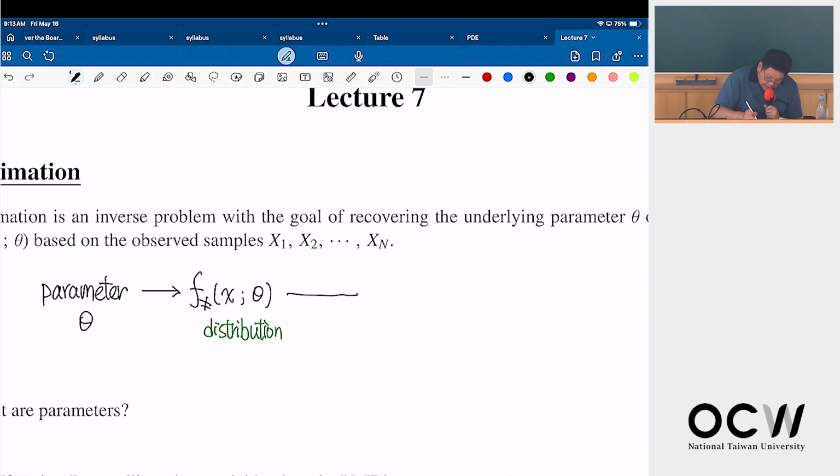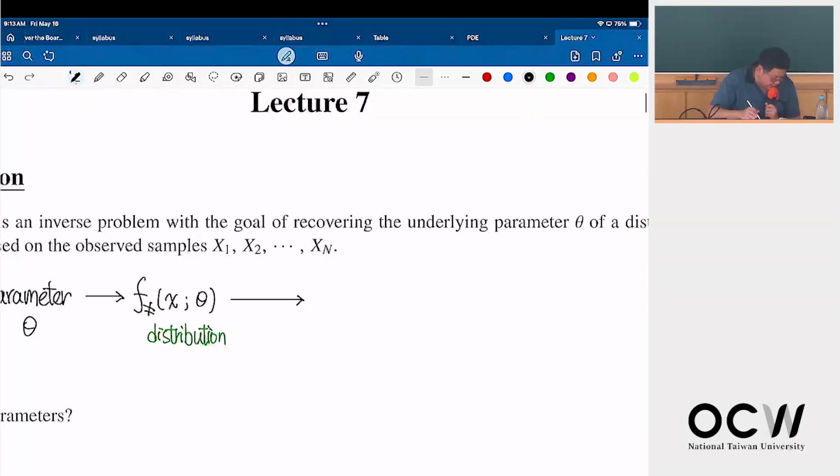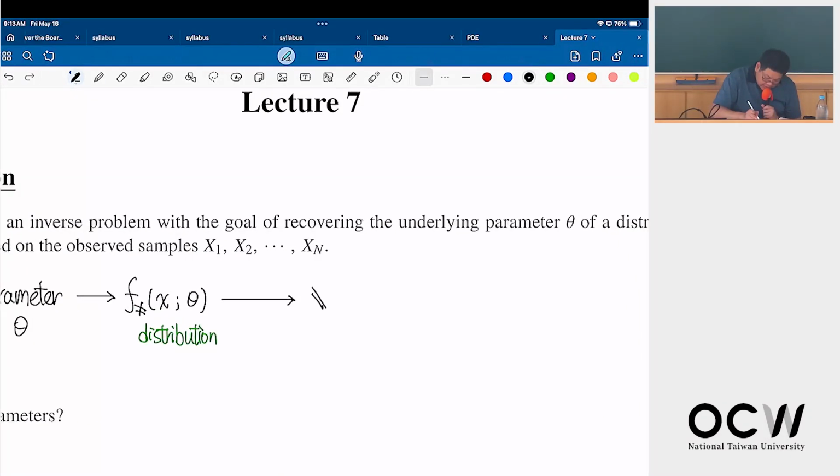And then for these distributions, we have the samples: x1, x2 to xn. Those are the samples.